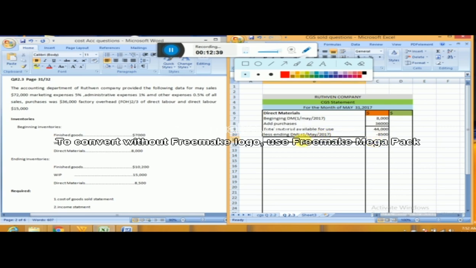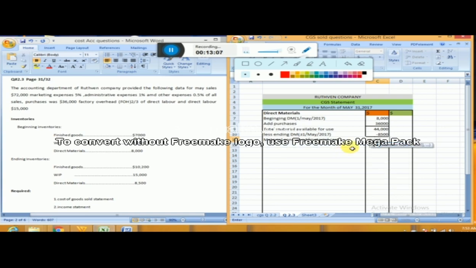So the rest of the material we used, that is called material consumed. Consumed means material used, or this is also called material cost.